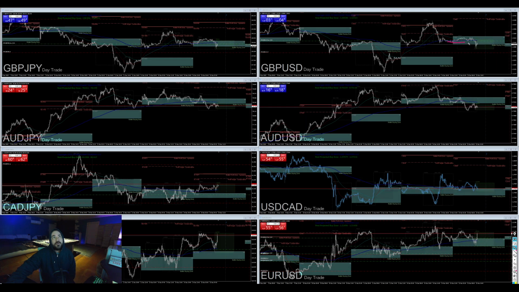If you just draw this out as support, it looks like we are breaking it right now and getting the rejection down. I need it to move back up and in, but we have tight stops on these, so that's the point of taking these trades in the midpoint once we reach those targets the previous day. So let's see how this plays out.